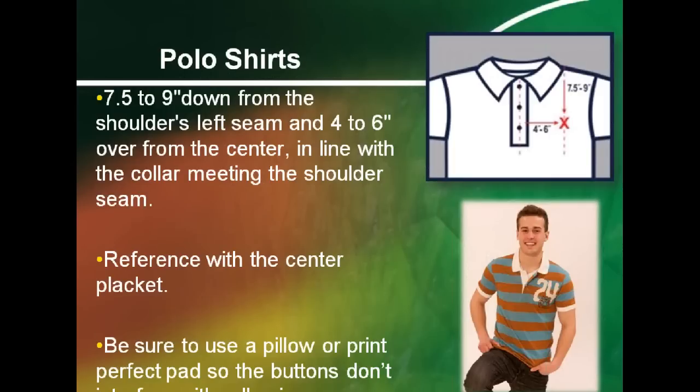Oftentimes people cut their print perfect pads in a left chest sort of way. The longer one, I think it's an 8.5 by 15, is perfect for cutting in half and placing inside. You're elevating that heat printing area in order to get proper adhesion.